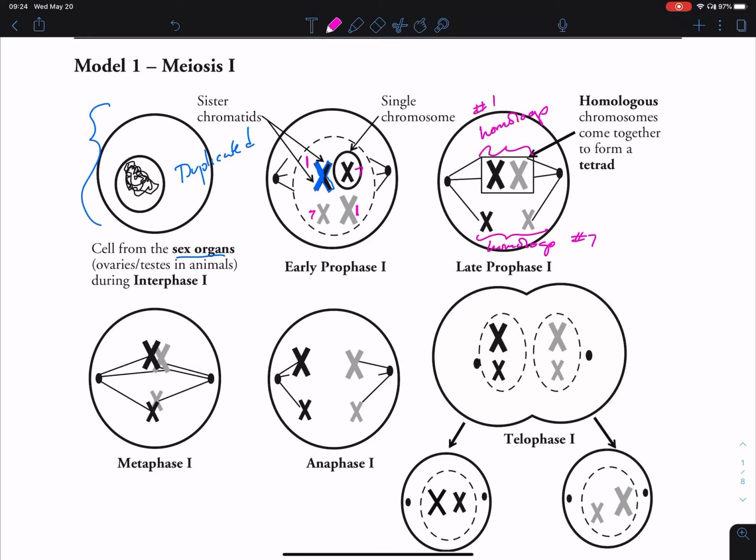Now, as you are thinking about this, it is really, really important to remember, again, the purpose of meiosis is that we want a cell at the end that has exactly one version of either homolog. So you're not going to have both homologs, unlike in mitosis.